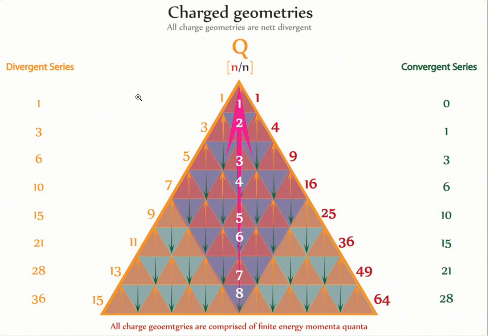Of course, in the case of charge, it is always net divergent, so as you add up the individual quanta of convergent and divergent energy momenta within the field, within any charge geometry or equilateral geometry, you will always have more divergent than convergent. The outside geometry, the energy momenta geometry of any equilateral charge field, is always divergent.